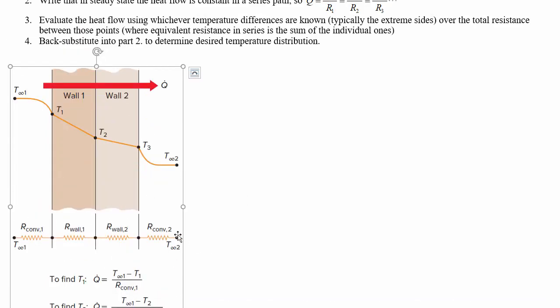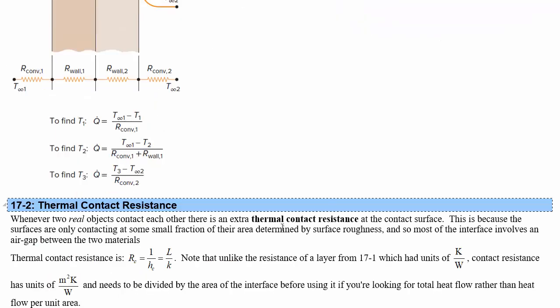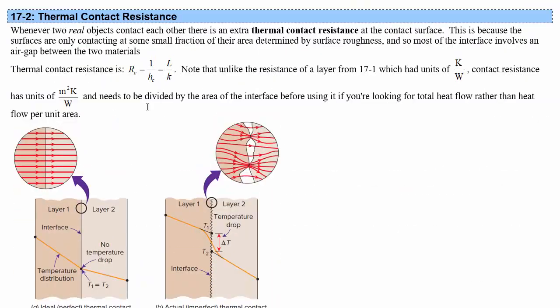So for thermal systems as well as electrical systems, if you have resistors in series like this, then you add them up to find the effective total resistance. And this is quite convenient for figuring out the heat flow at the start, and then going through to find out what all the different temperatures are internally if you need to do that. Next up, thermal contact resistance.